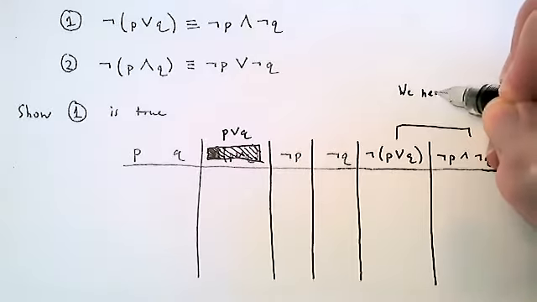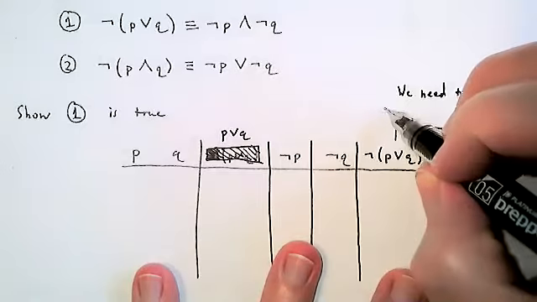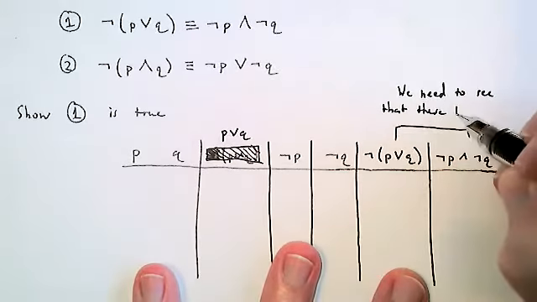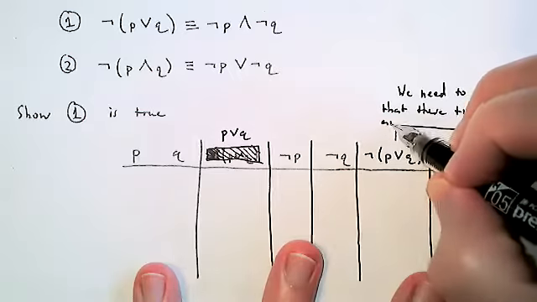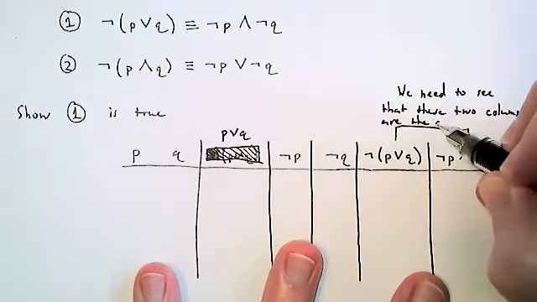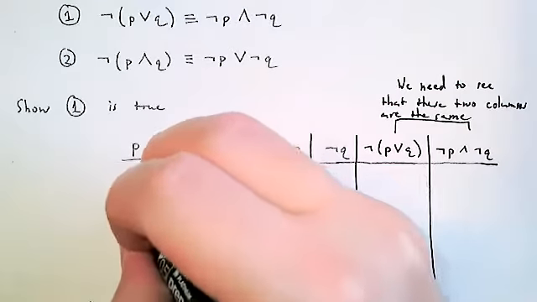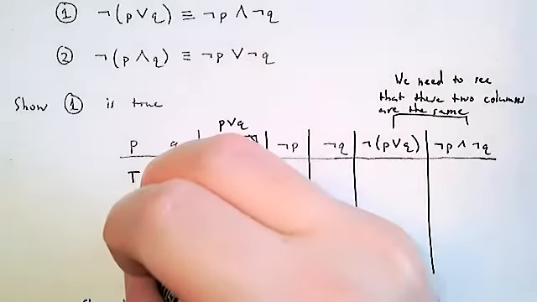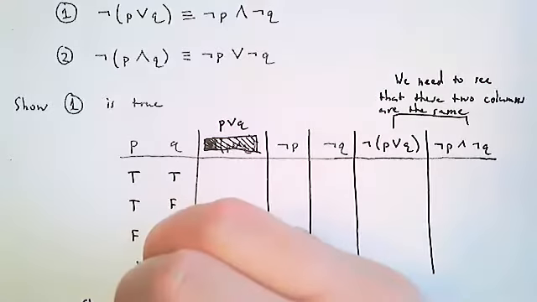We need to see that these have the same truth values, or that these two columns are the same. So two simple propositions give us 4 rows for the different possible combinations of true and false.